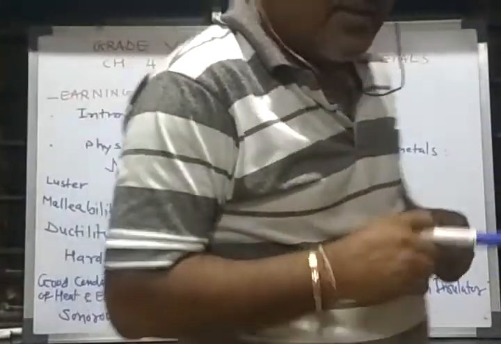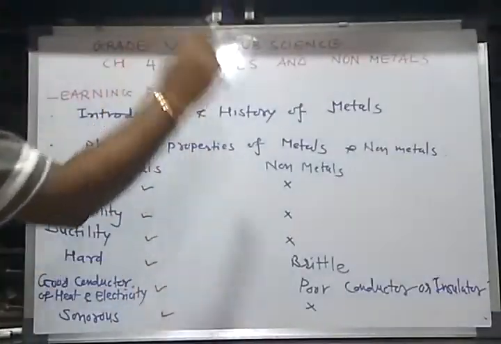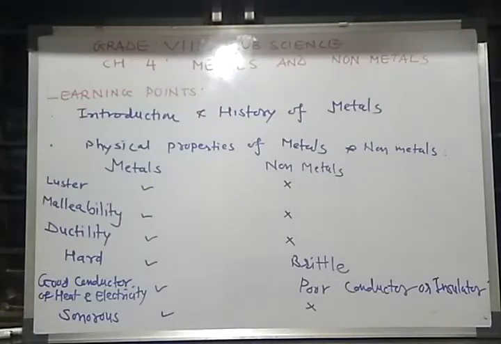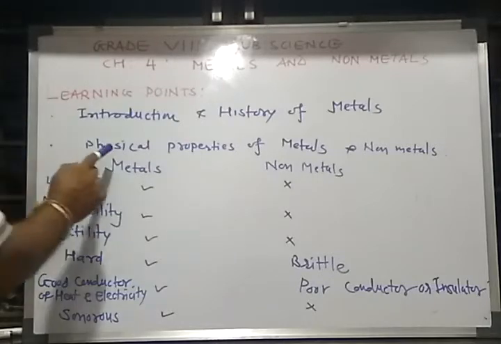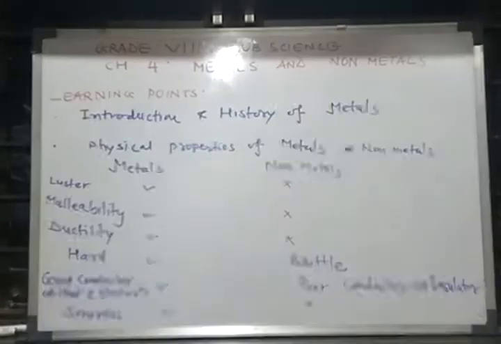That hard material, we call metals. So I have just talked about the history of metals. Let's talk about the physical properties of metals and non-metals.